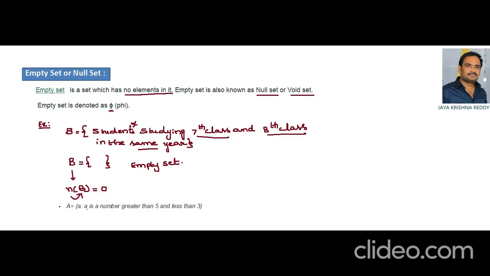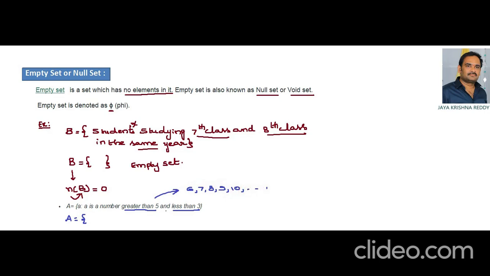One more example: set A equals {a such that a is a number greater than 5 and less than 3}. So we have to write the elements for set A which satisfy it should be greater than 5. Greater than 5 means the number may be 6, 8, 9, 10, like that.